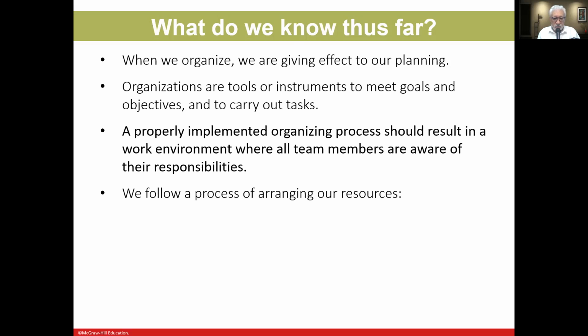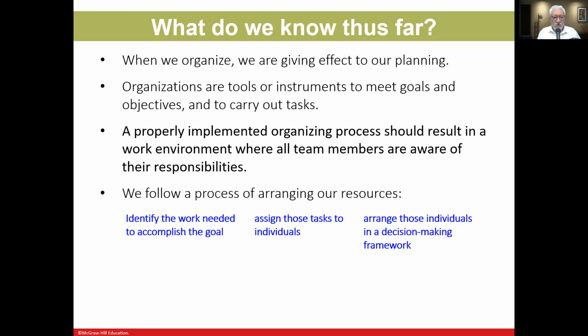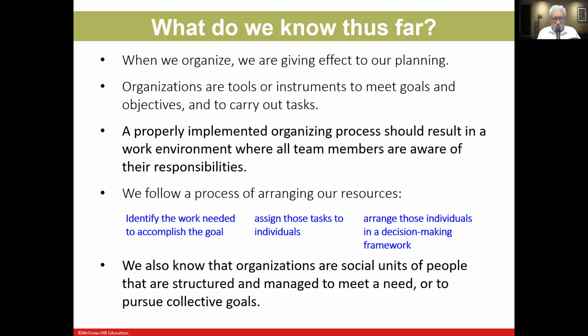There's a process, and the process is, first of all, what is the work that needs to be done? And then we can say, okay, who are the people who are going to be doing this? And then we say, all right, who's going to be the boss of them? And having done that, we are well on our way towards creating an organization structure.